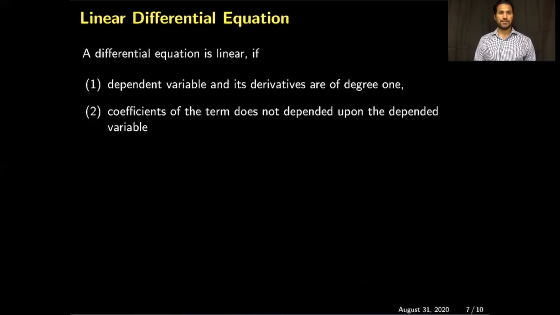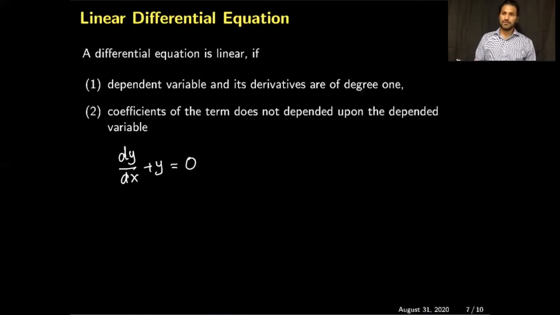Our next definition is: what is a linear differential equation? A differential equation is linear if the dependent variable and its derivatives are of degree 1. And the second condition is that the coefficient of the term does not depend on the dependent variable. For example, dy by dx plus y is equal to 0.